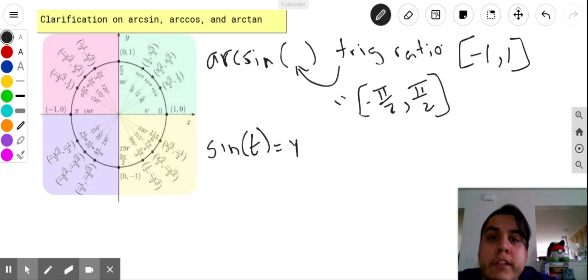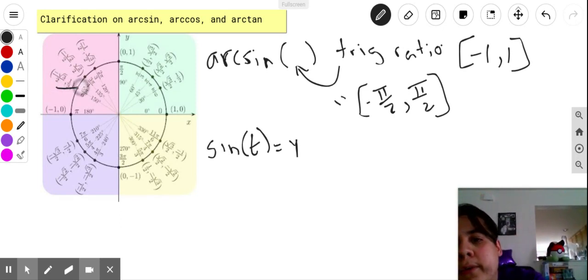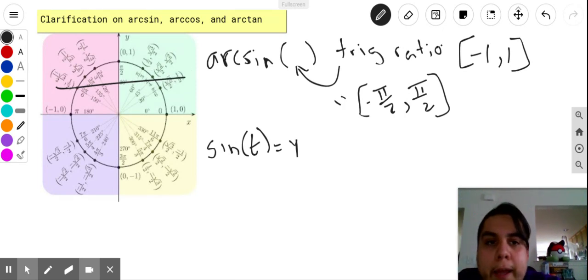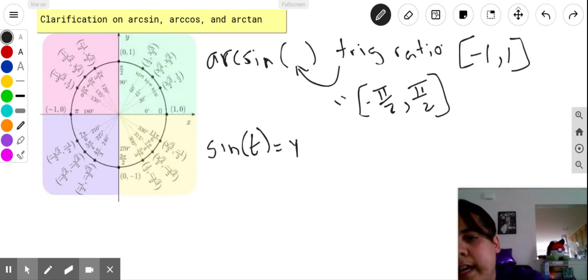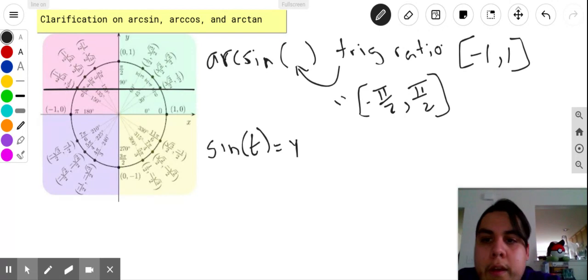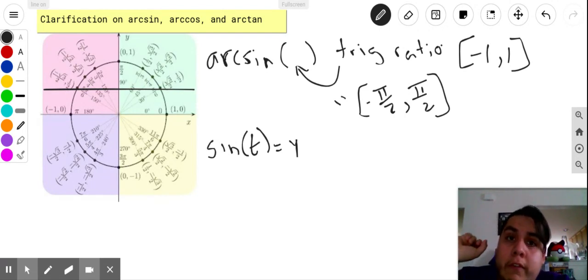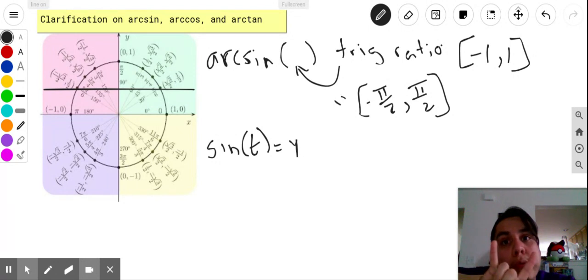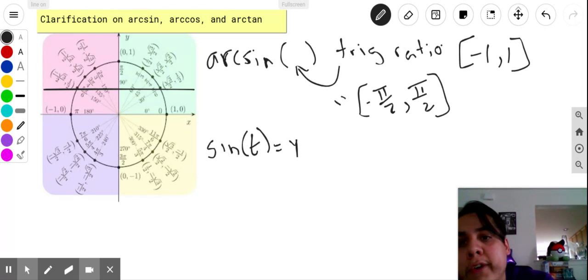So since we have a circle, this graph fails the horizontal line test. I can't just go straight across because for each output, there are two inputs. So I don't invert it on that scale. What I intend to do instead is just focus on something like this.